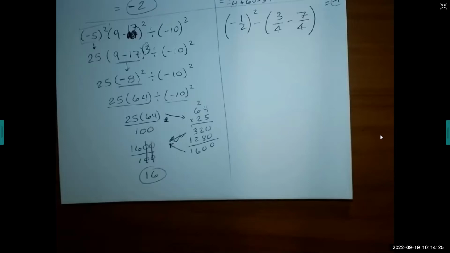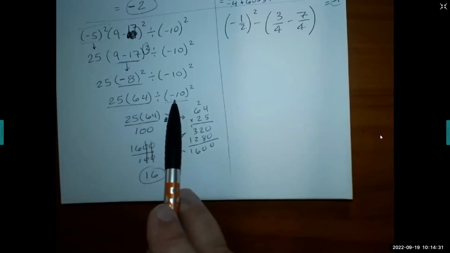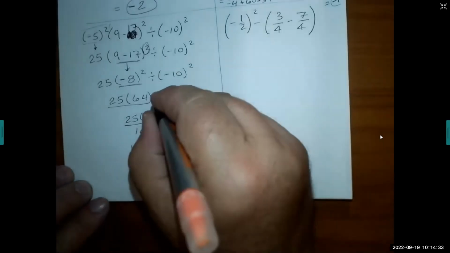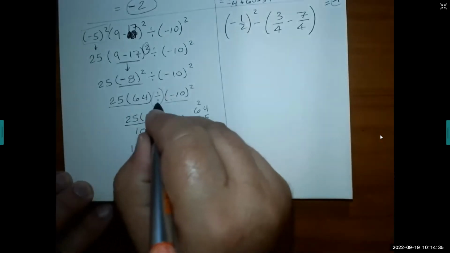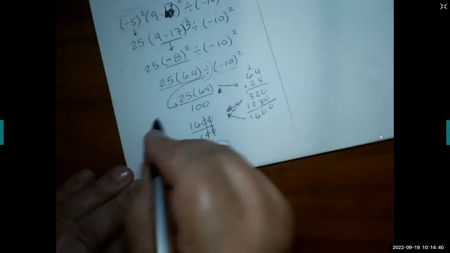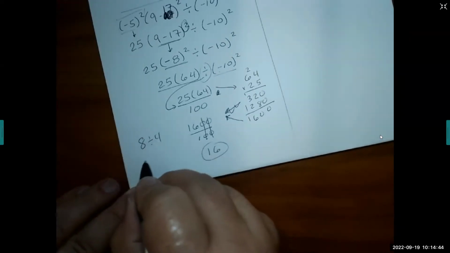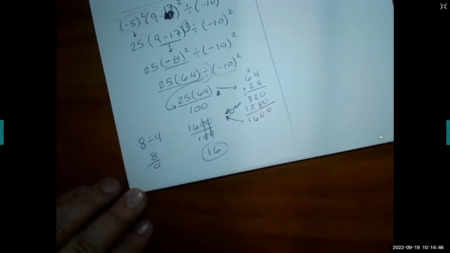Yes. Got down to 25 times 64, divided by negative 10 squared. Yes, the division sign is what tells you to turn it into a fraction. Remember the old days, it was 8 divided by 4 means 8 divided by 4.